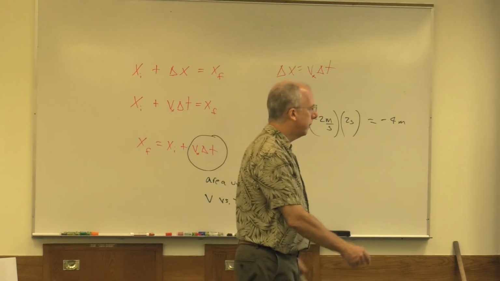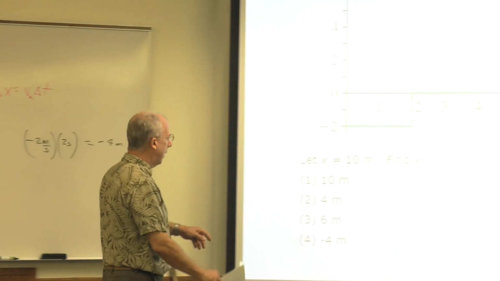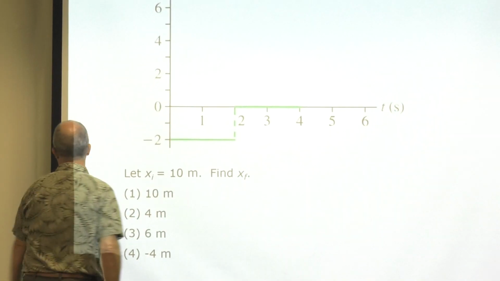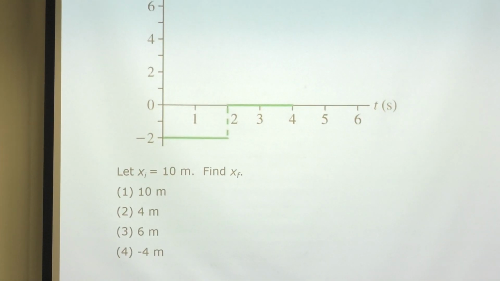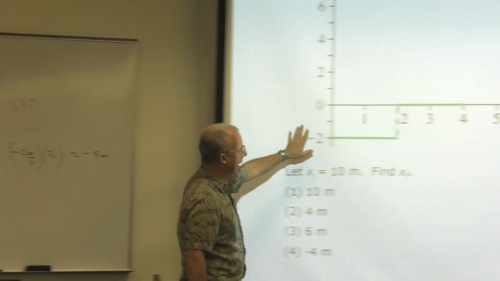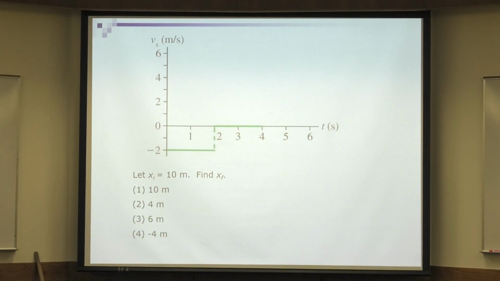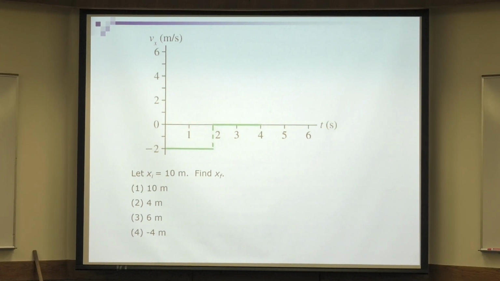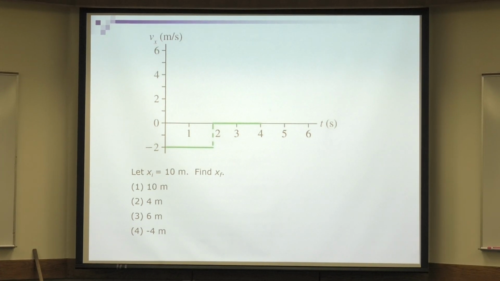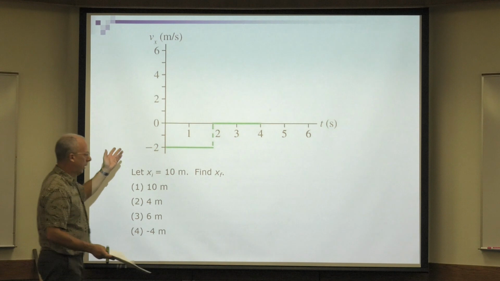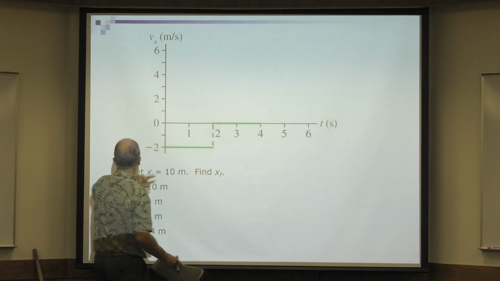So here, we want to let x initial be 10 meters. Use this thing here and find x final. Well, gee, I already did it. Sorry. The first thing you've got to do is find v delta t.